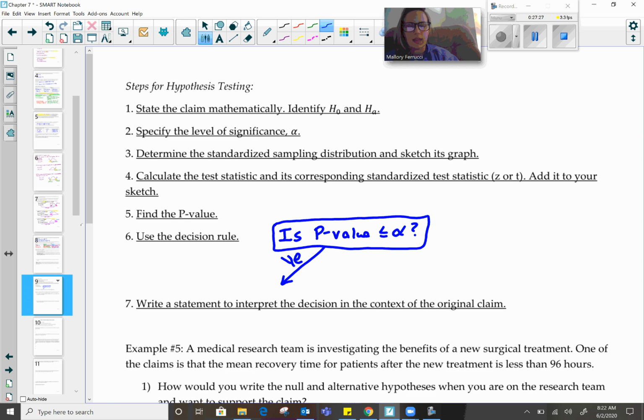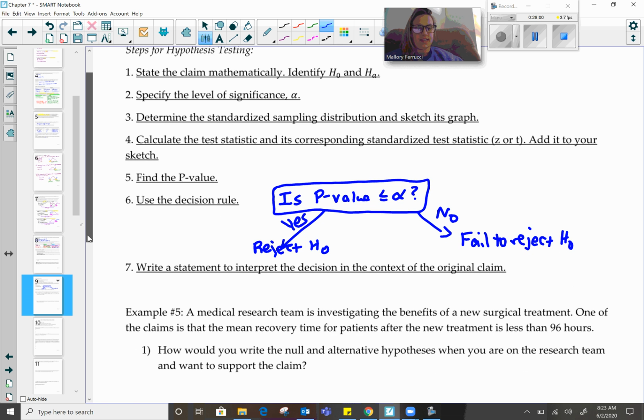If it is, then you reject the null hypothesis. If it's not, then you fail to reject the null hypothesis. Okay, and that's your decision rule. Then finally, you're going to write a statement to interpret the decision in the context of the original claim.